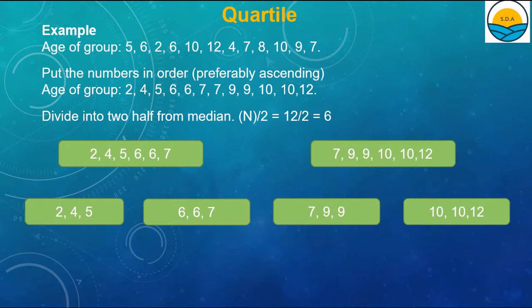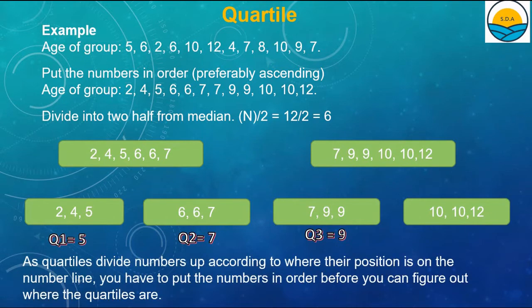So for Q1 our quartile value shall be 5. For Q2 or quartile 2 our value shall be 7. For quartile 3 our value shall be 9. Q4 virtually doesn't exist, but still if you want to know, the value for Q4 will be 12.